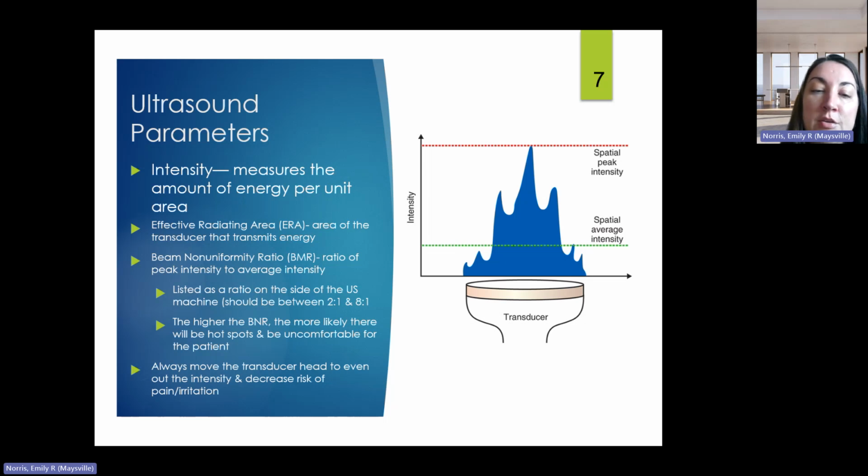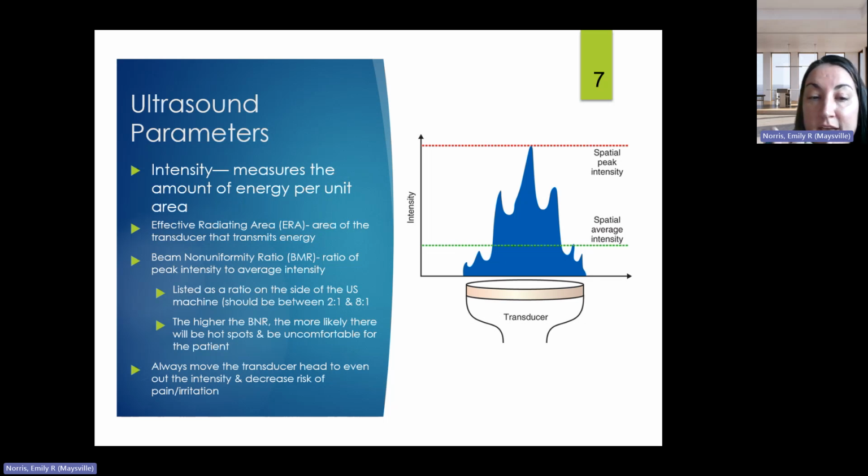The beam non-uniformity ratio is the ratio of peak intensity to average intensity. So taking the peak intensity, the highest intensity, and the average intensity, and determining what the difference really is.